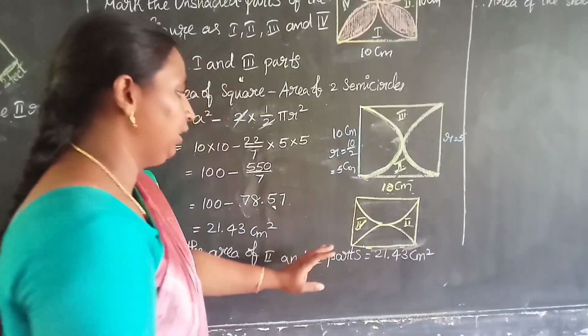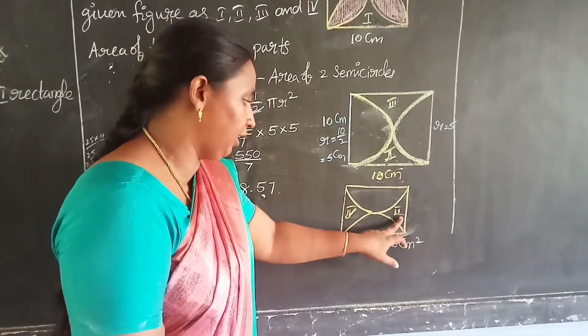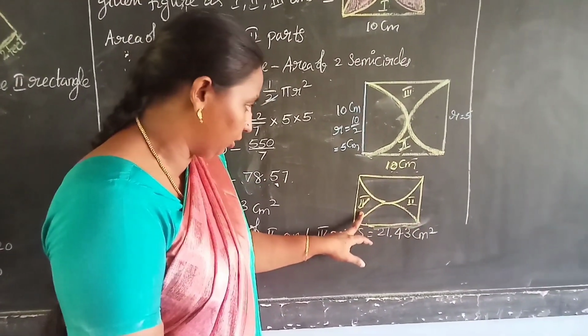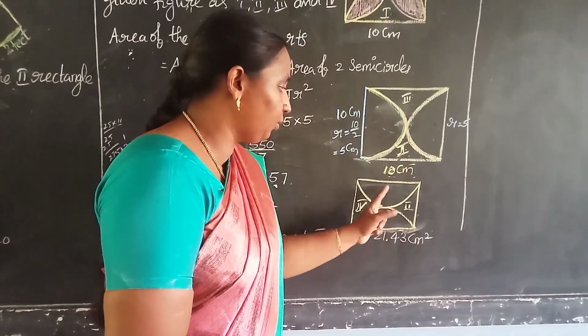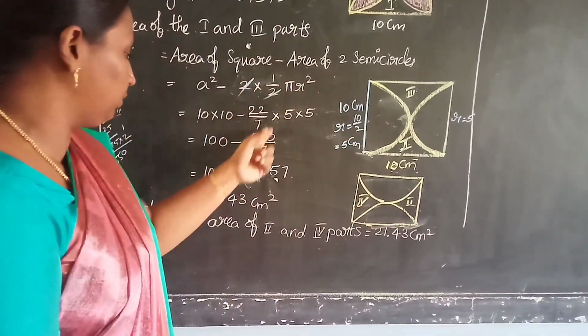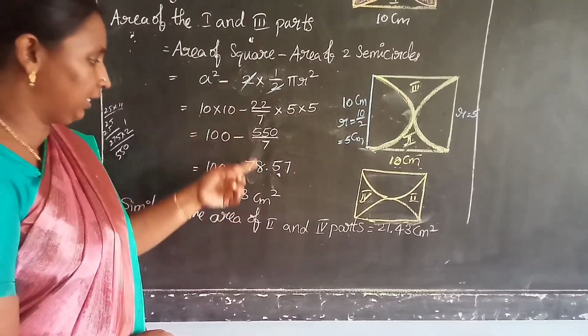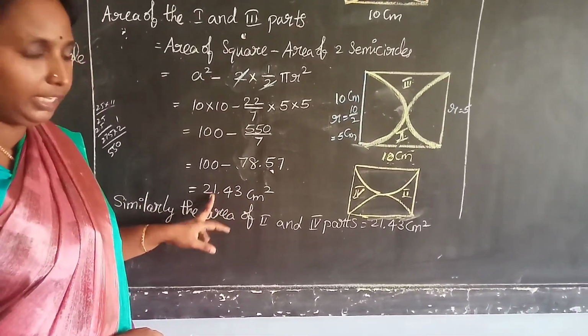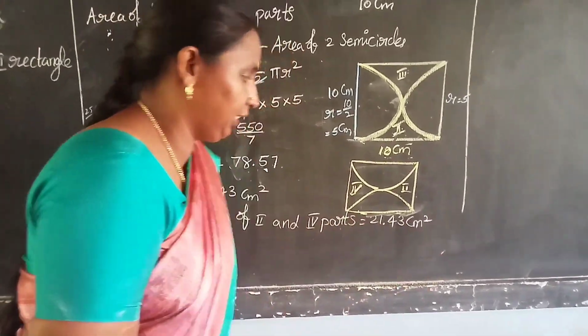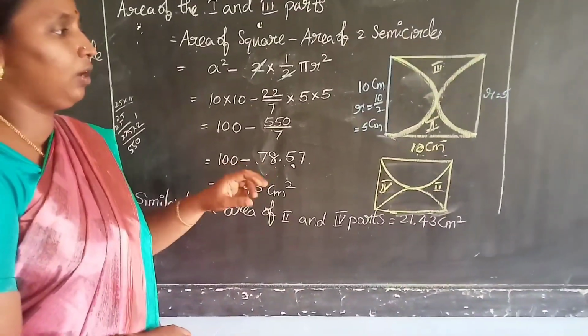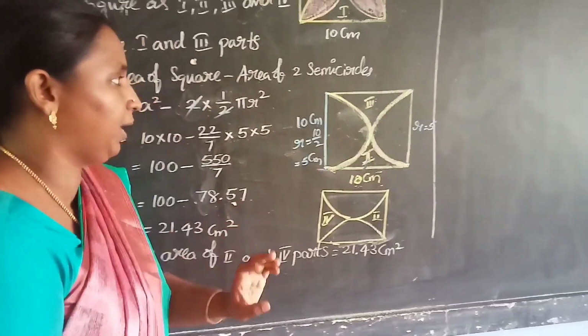In the same way, the area of the second and fourth part equals the area of the square minus the area of two semicircles. The same procedure as for the first one is repeated. Definitely the area also will be 21.43 centimeter square.